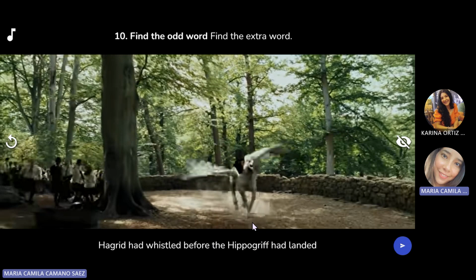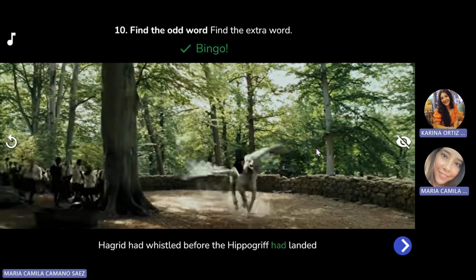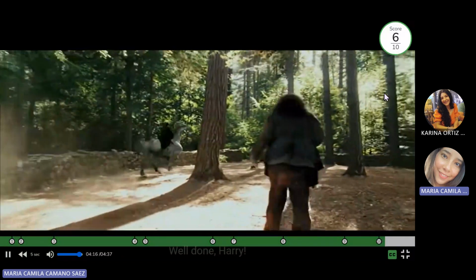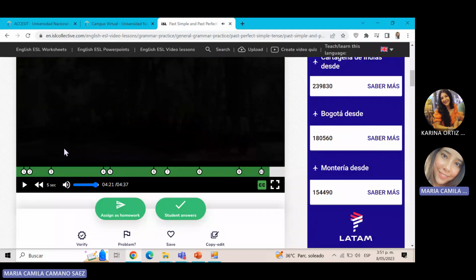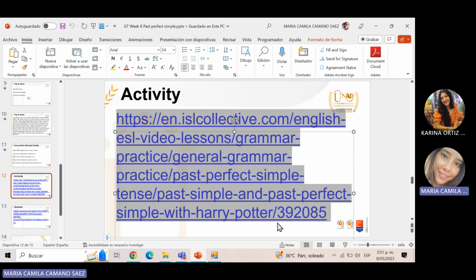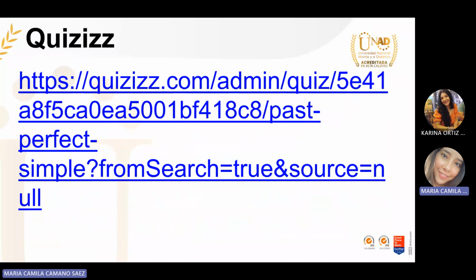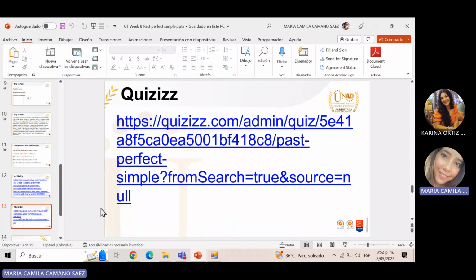The second. Okay. Yes, because remember the first action was the whistle, and the second action, what is the past simple, is the hippogriff land. Yes, you're right. Okay, so you did 6 from 10, but don't worry, because it's a B1 level, so we don't have all the correct answers.